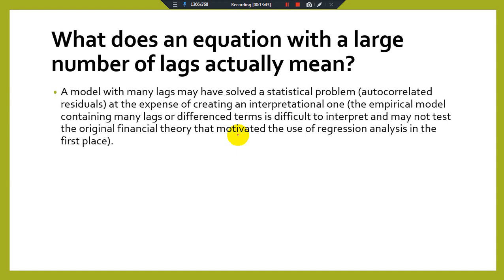So that's a good sign: we have no autocorrelation issue in our error term, but with increasing the number of lags, we cannot give good policy suggestions to our businesses, to the financial advisors.